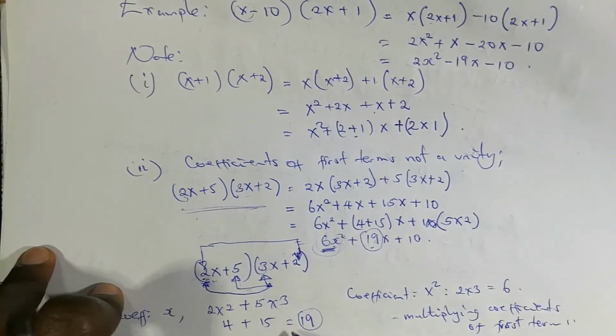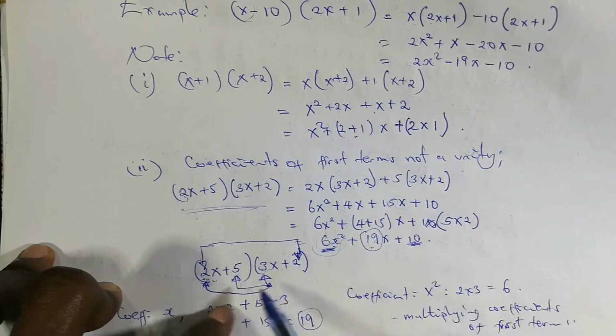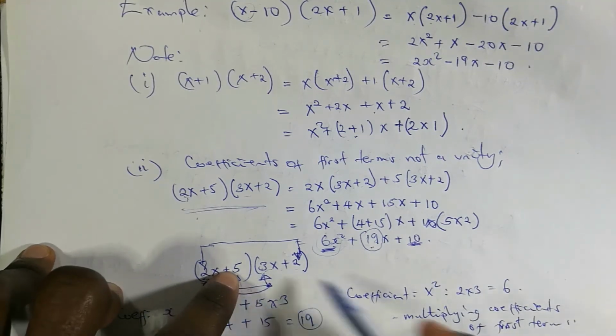Then we get this 10 by multiplying the second terms only.